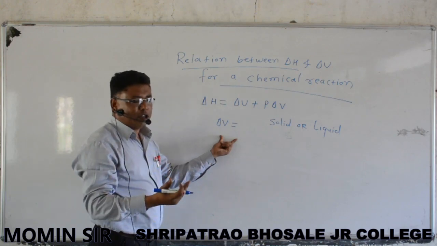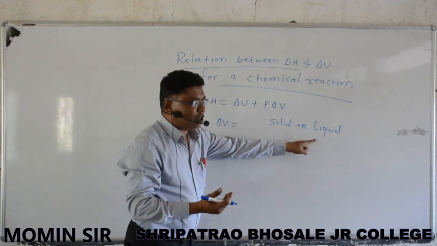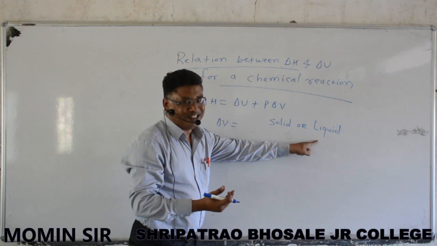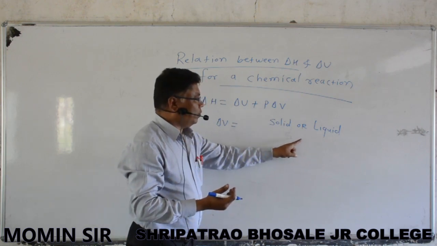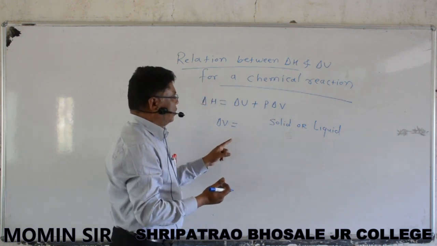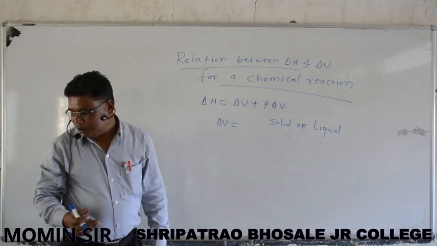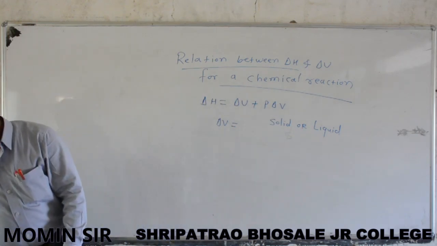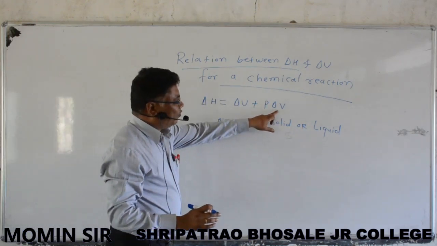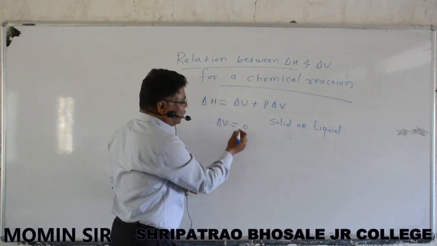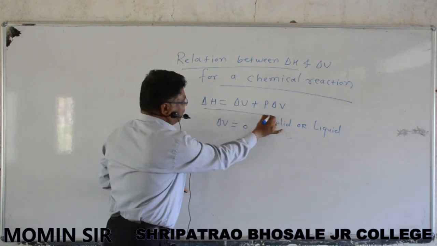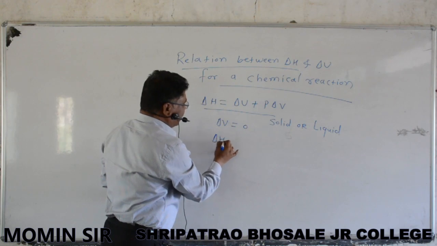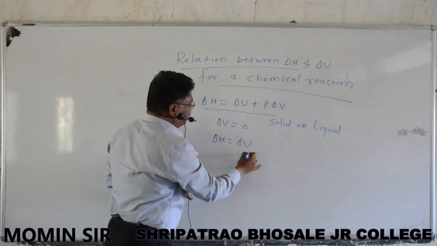Why? Because you know that solid and liquids are non-compressible. So here the value of delta V is nearly 0, it is very small. That's why this equation becomes delta H is equal to delta U.